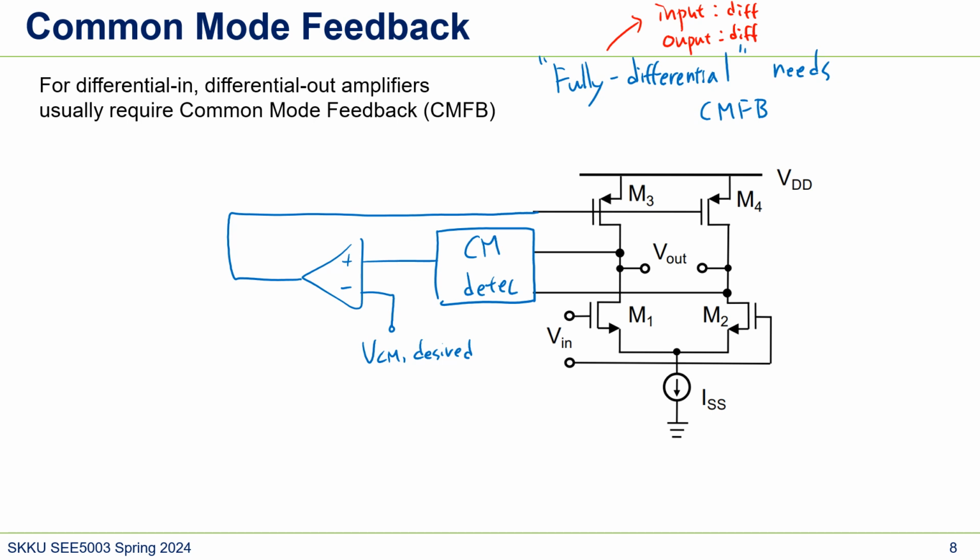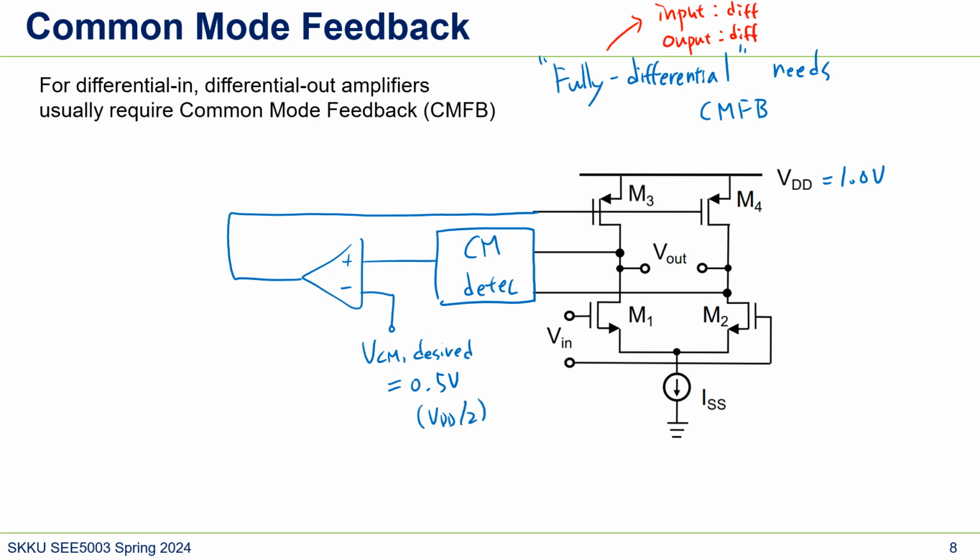Here. So let's say this VDD is 1 volt, and then VCM desired is 0.5 volt, which is half VDD, right?